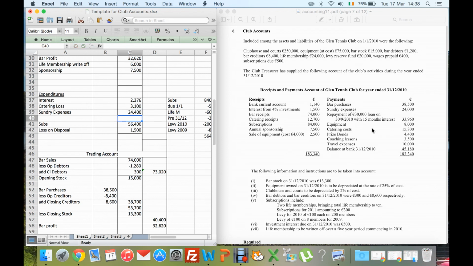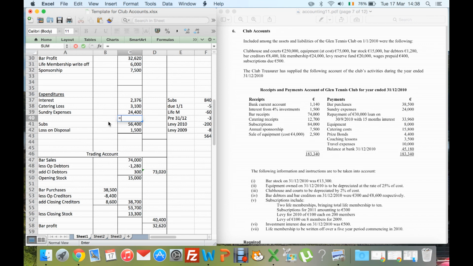Equipment is a fixed asset, but there might be depreciation on it. Equipment owned at the end of the year is depreciated at 25% of cost. So the equipment was worth 75 grand at the beginning. I got rid of equipment that originally cost me 4, so I had 71, and I bought 8, so that's 79.